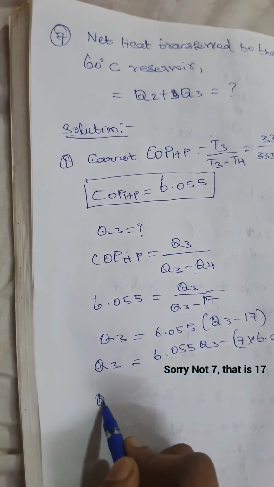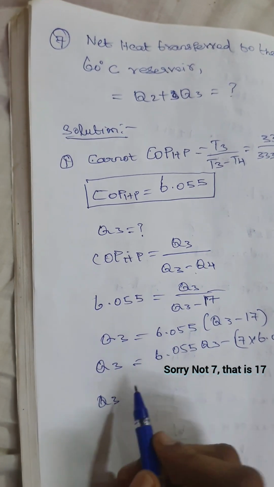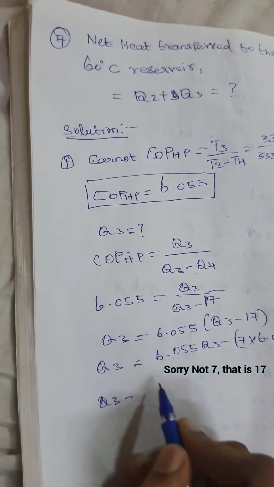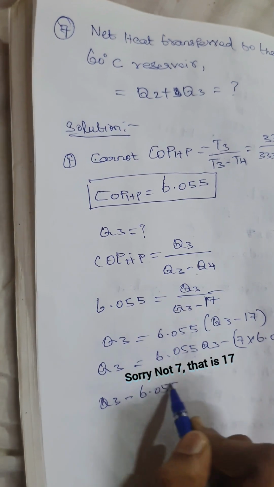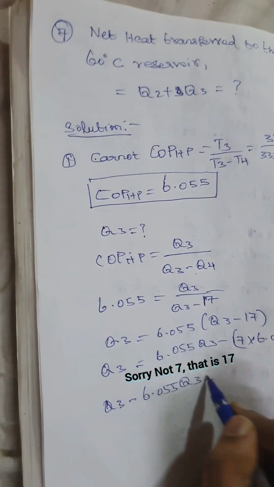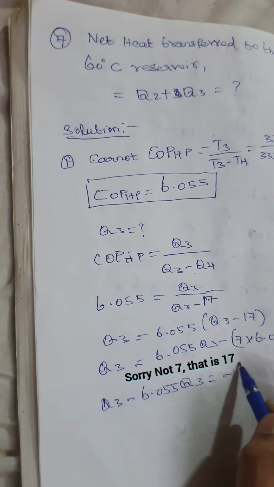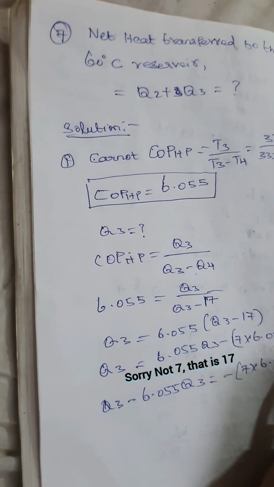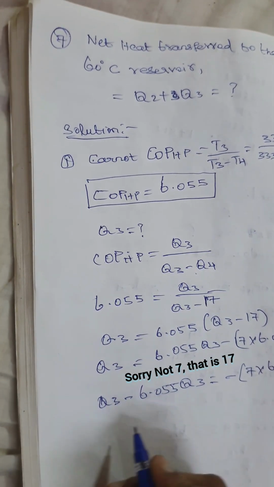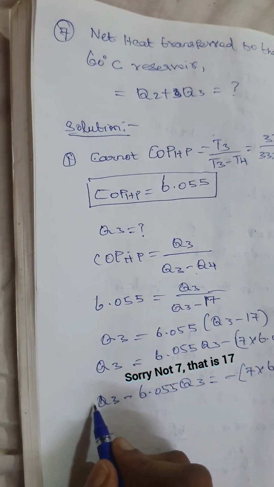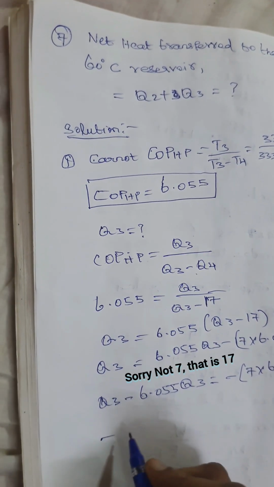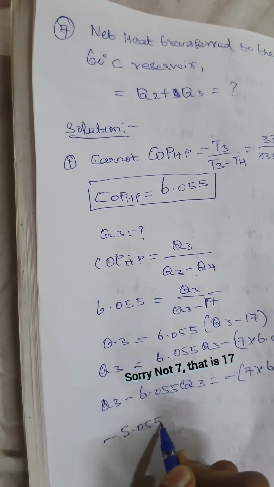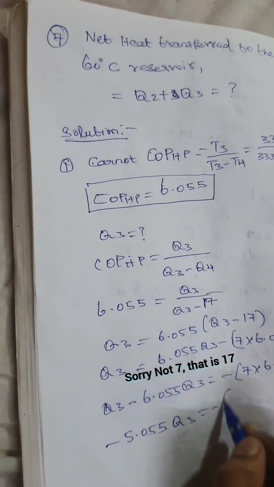Now the Q3 term, if it comes to this side, will be minus 6.055 Q3, that is equal to minus the multiplication of this value, 6.055. If there is nothing given, it is considered as 1. So 1 minus 6.055 is minus 5.055 Q3, that is equal to minus 17 into 6.055.